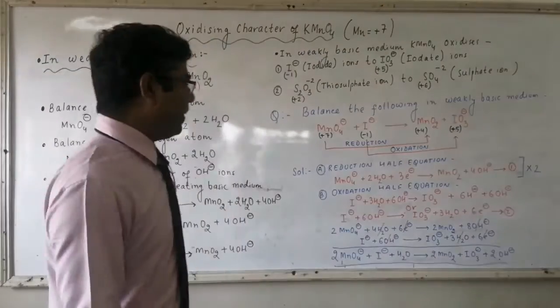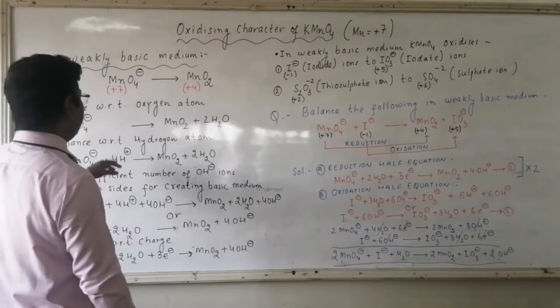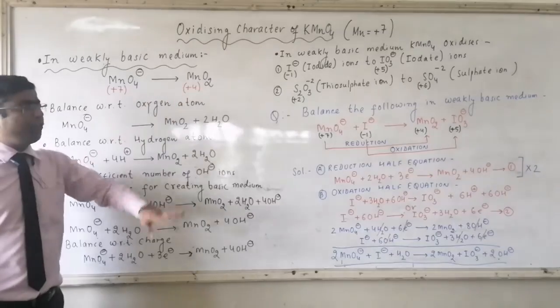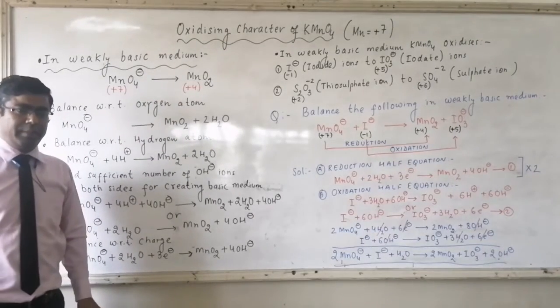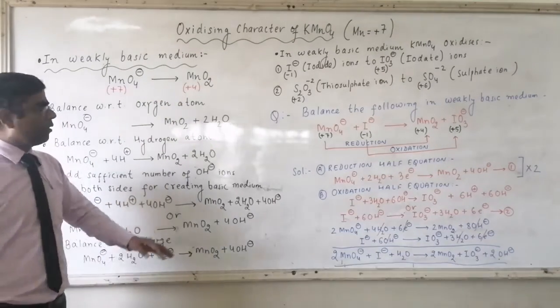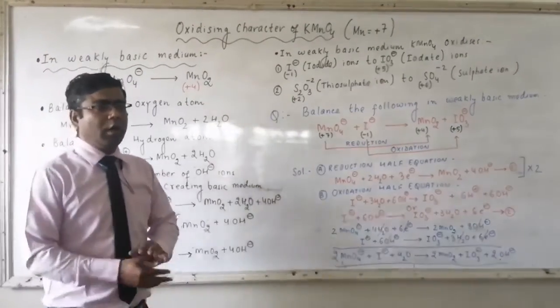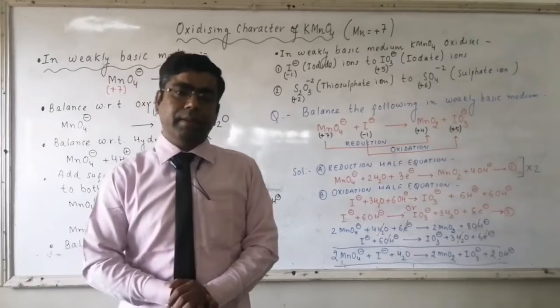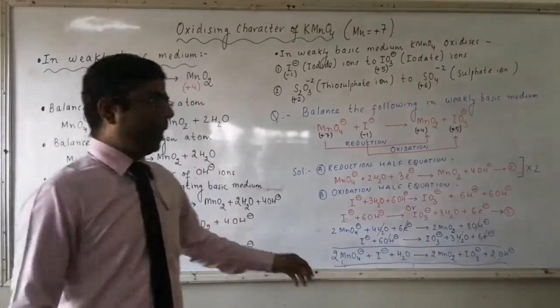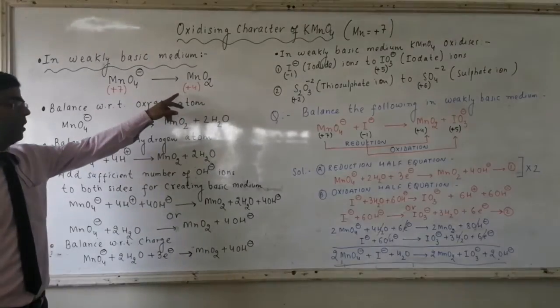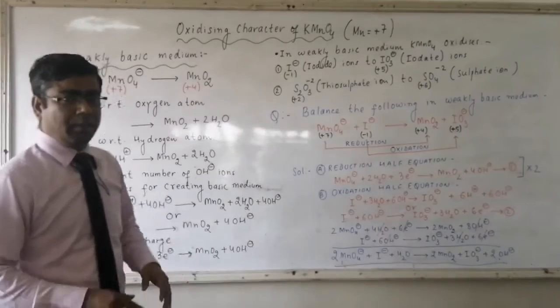Now when weakly basic medium is there, then the permanganate ion, which is obtained from potassium permanganate, gets converted to MnO2, which is called manganese dioxide or pyrolusite. In MnO4 minus, the oxidation state is +7, and in MnO2, the oxidation state is +4.